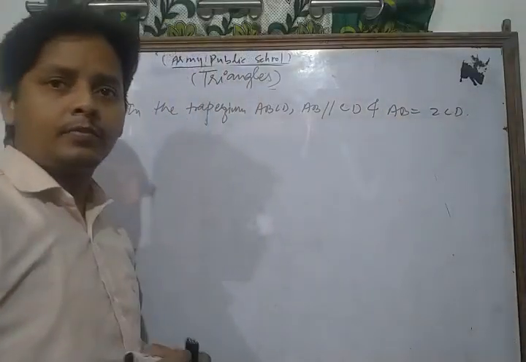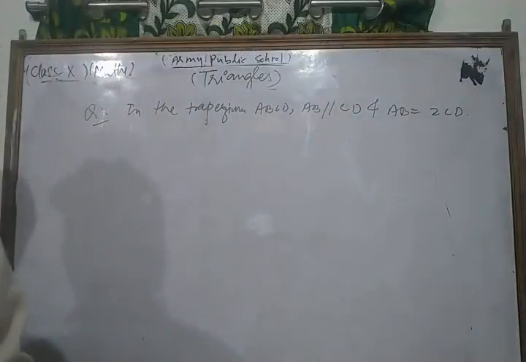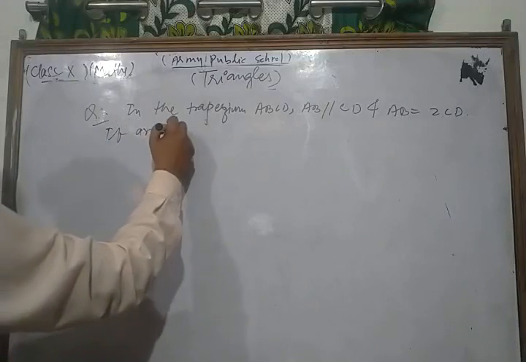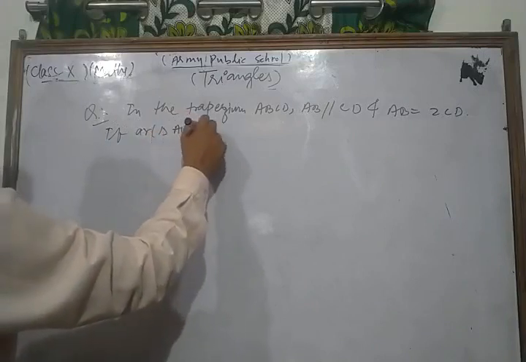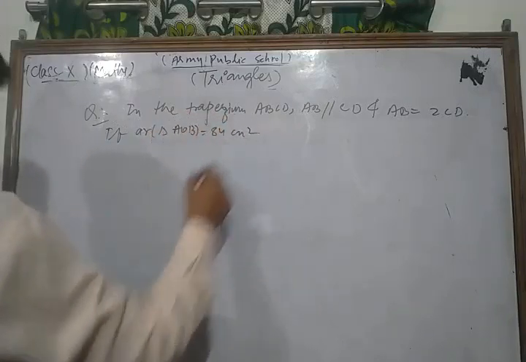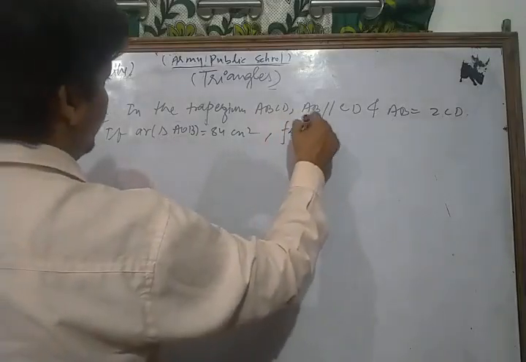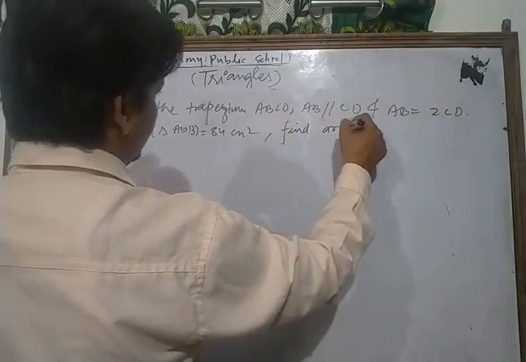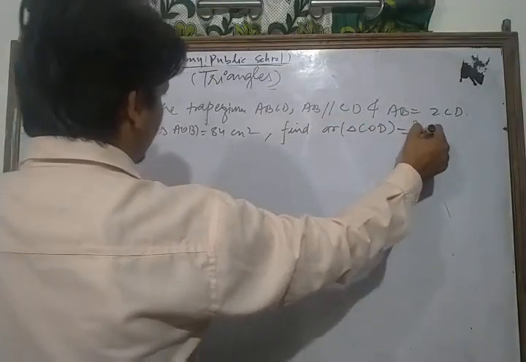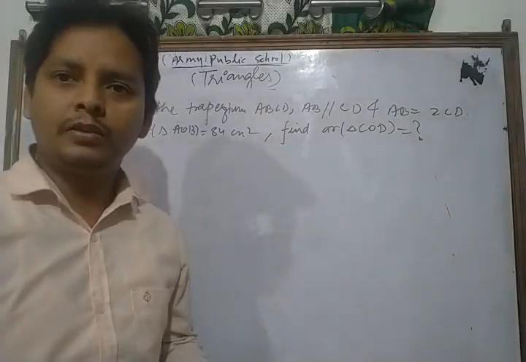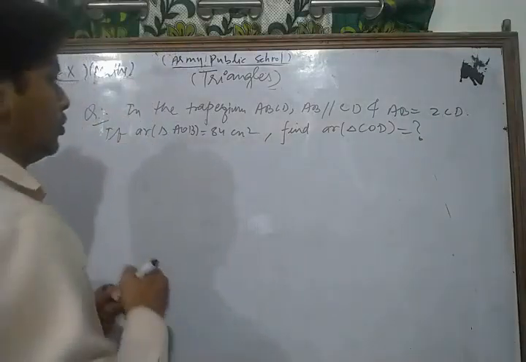If the area of triangle AOB is equal to 84 centimeter square, find the area of triangle COD. This question is solved the same as the previous question. So let's see its solution.